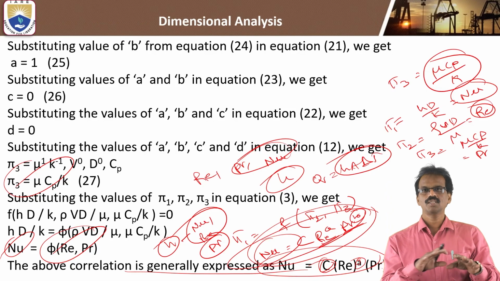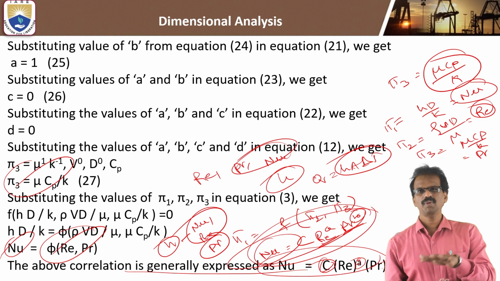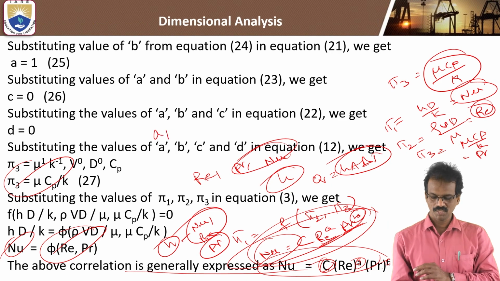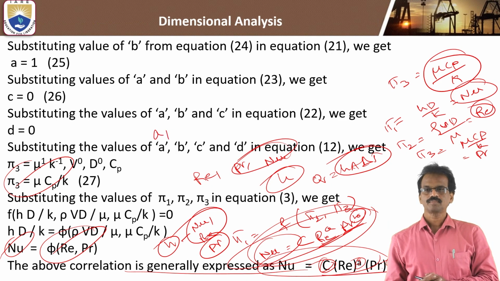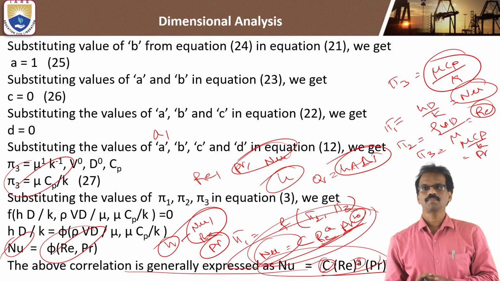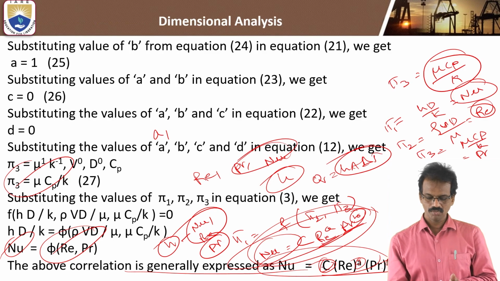If the flow is external flow, like flow over a solid plate, the constant values will vary. If the flow is inside circular pipes, an internal flow, these constant values A, B, C will vary.